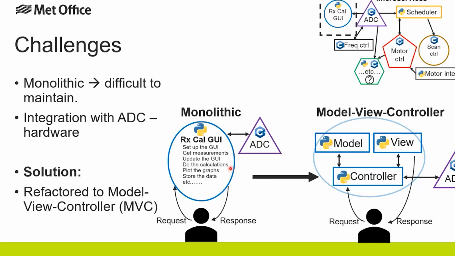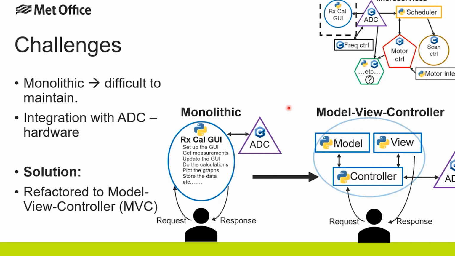So I had one big module that was responsible for lots of different tasks within this GUI. And then as soon as you make any changes, you got a knock-on effect elsewhere, which becomes quite difficult to hunt down the problems.